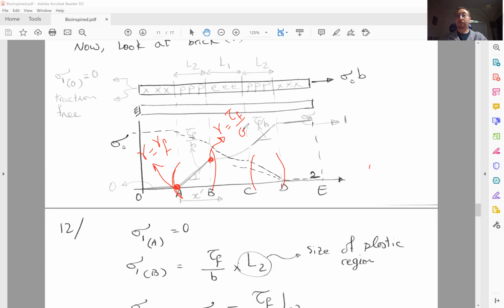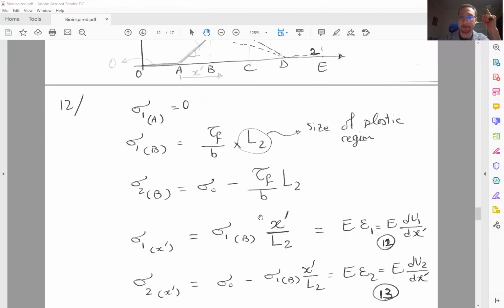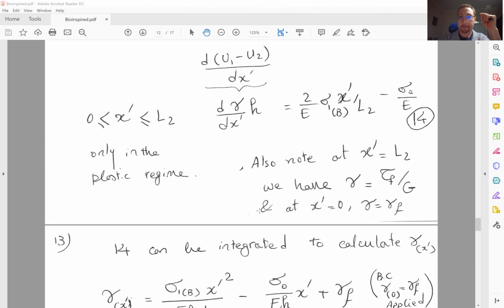So I have two boundary conditions for the differential equation that I've derived. Let's go back to the ODE.